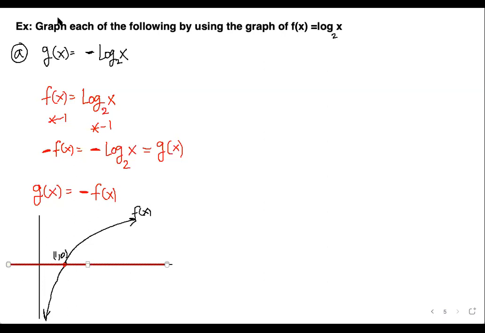Okay. So the point here should be the same point. And all these points will be reflected here. And for this point, the same thing will be reflected here, like this.